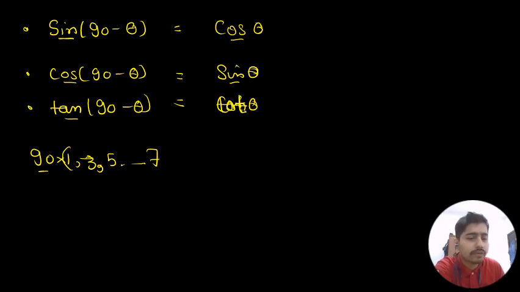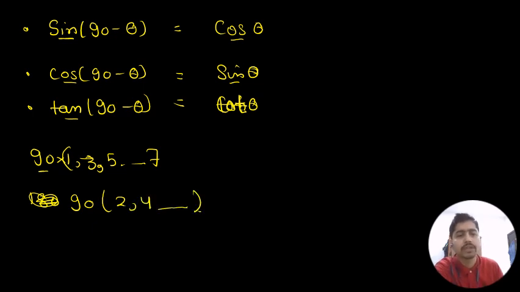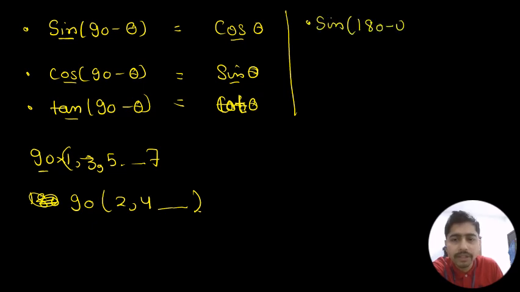Now if it is an even multiple of 90, like 90 times 2 or 4, then sine will remain sine, cos will remain cos, and tan will remain tan. So let's say we have sine of 180 minus theta, cos of 180 minus theta, and tan of 180 minus theta.